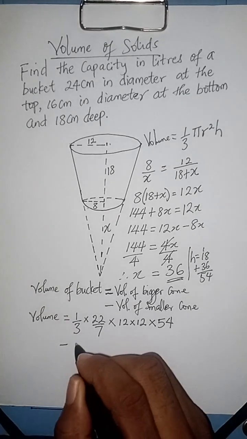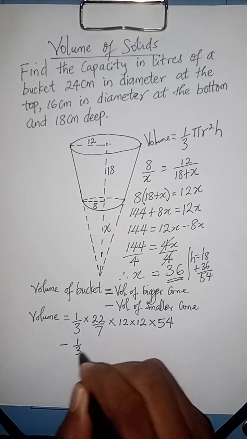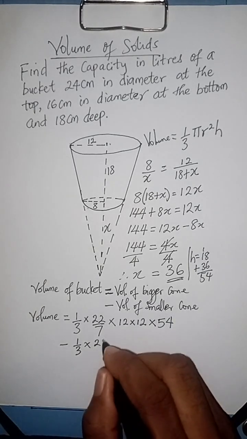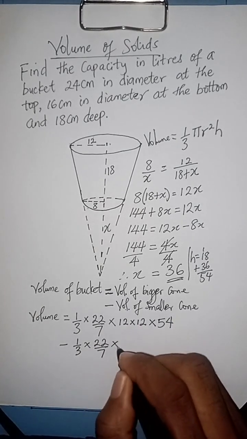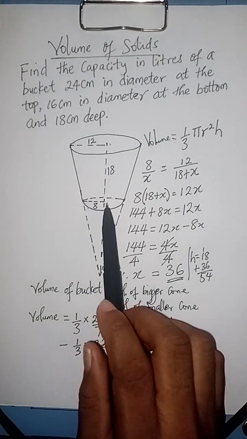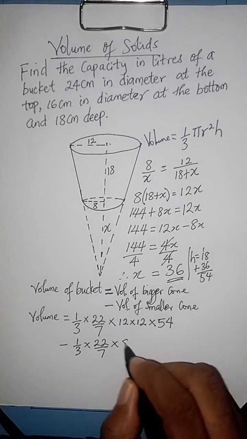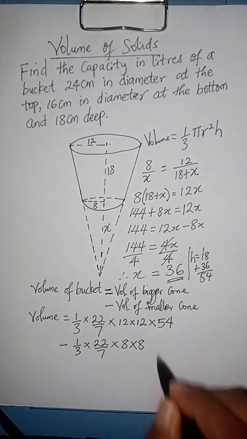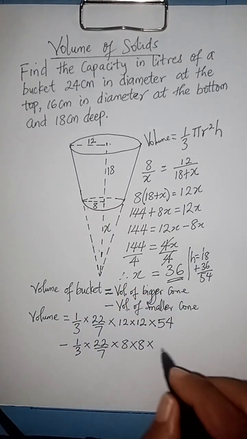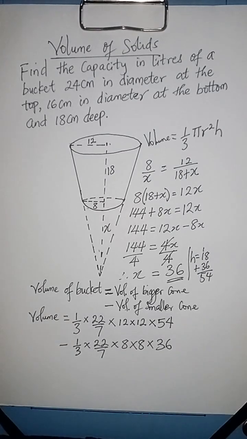Minus 1/3. Now this time we're going to the volume of the smaller cone. 22 divided by 7. Multiply the radius of the smaller cone, which is 8. Multiply 8. Multiply the height, which is x, and x is 36.